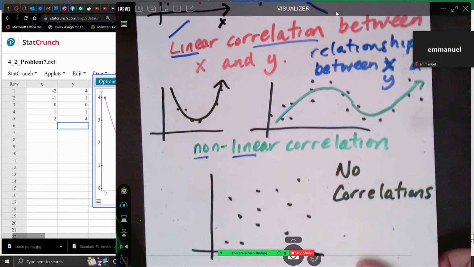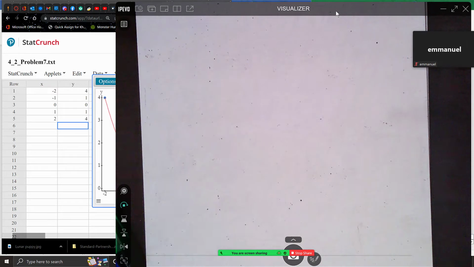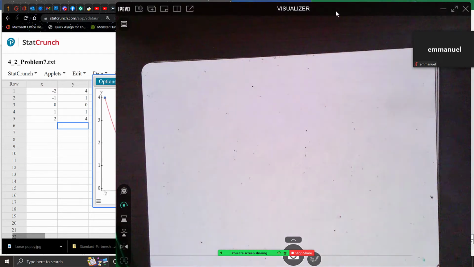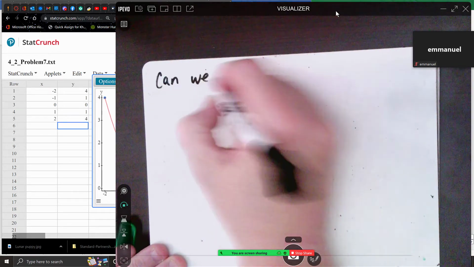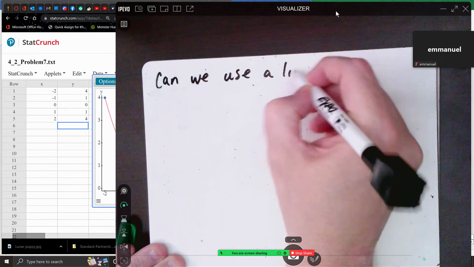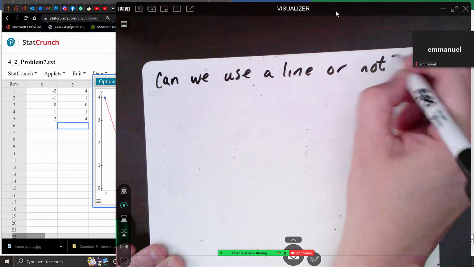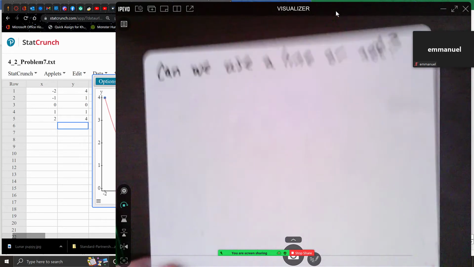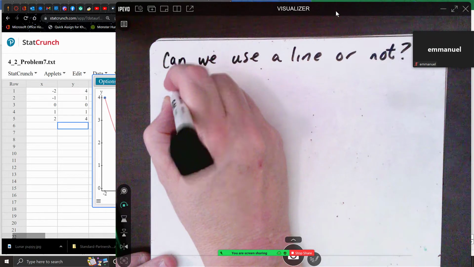Okay, so how do they decide whether they can use a line or not? Linear correlation or not? So I'm going to show you what they calculate, and then we're never going to use this formula again. Hopefully there's nothing in the set homework that has you do it.